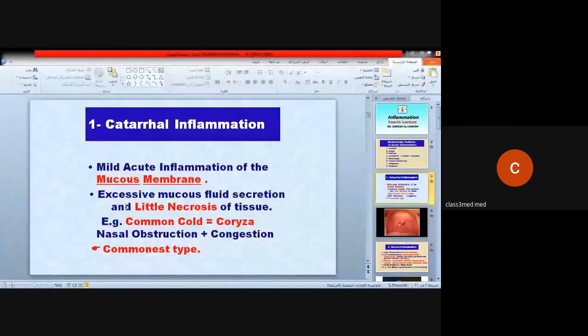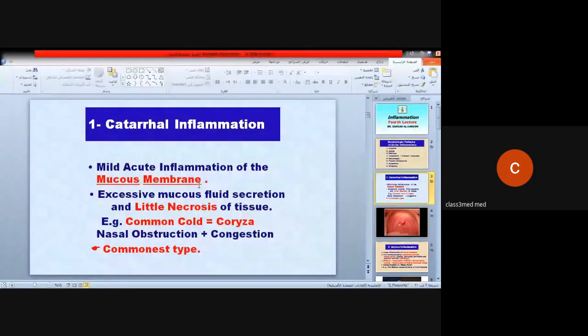It is a mild acute inflammation of mucous membrane. The morphologic pattern depends on the type of tissue, the severity of inflammation, and the causative agent. So catarrhal inflammation is the most common type of acute inflammation, and it is a mild inflammation of mucous membrane, characterized by excessive mucous fluid secretion, and there is little necrosis or no necrosis or damage of the tissue.